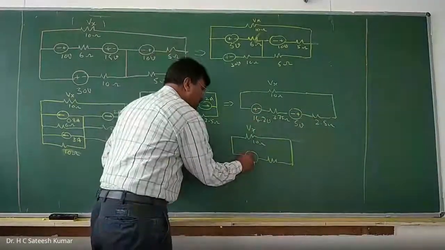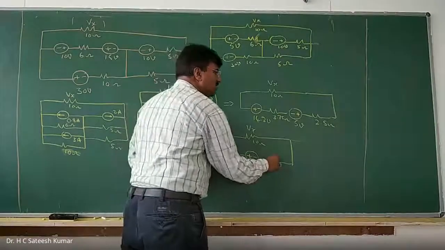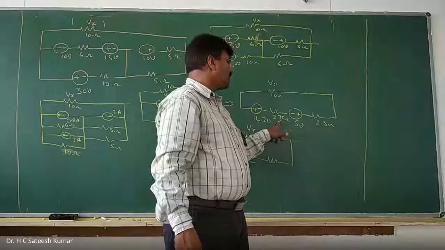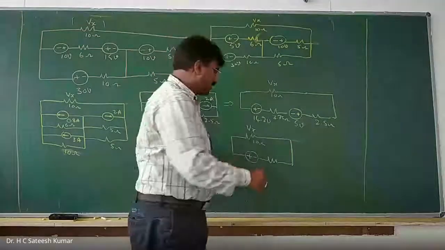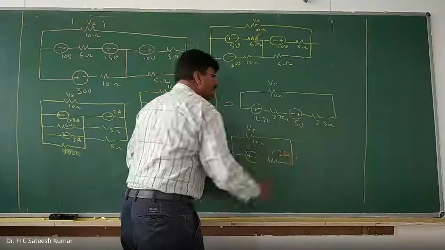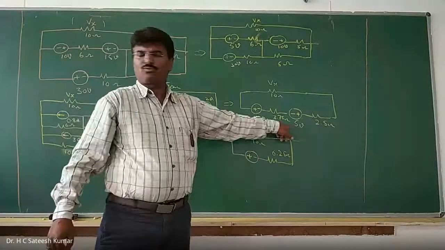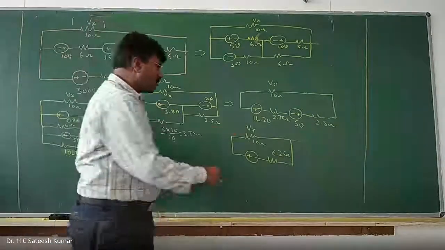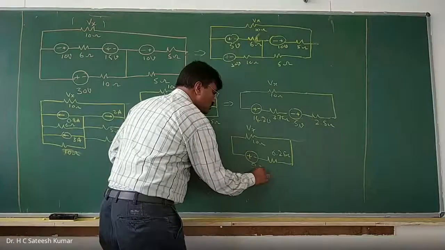Therefore, I will write the sign as plus minus. Resistance will be 3.75 plus 2.5, which is 6.25 ohms. And 14.2 minus 5 gives 9.2 volts.